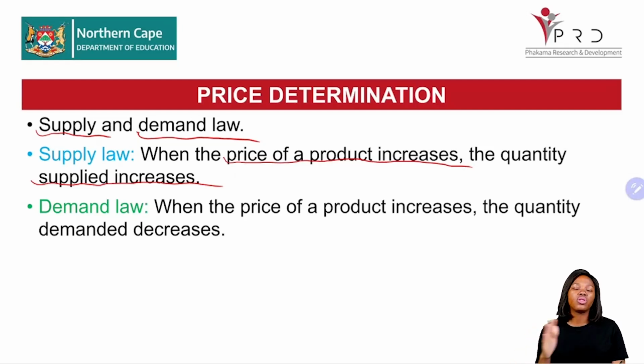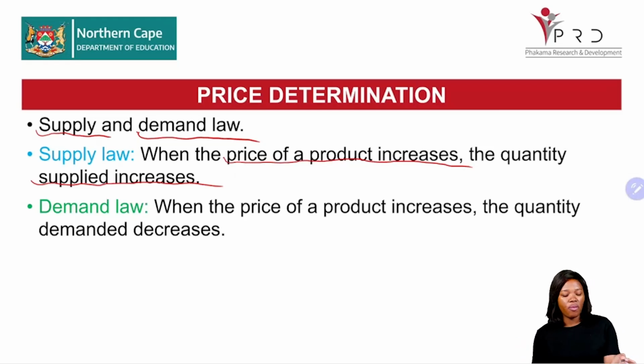When the one goes to the right, the other follows to the right. When the one goes to the left, the other also goes to the left. They are always directly proportional. That is the relationship, which tells you that suppliers want to make profit. Suppliers want to supply more product when the price is high, and when the price is low, they supply less product.